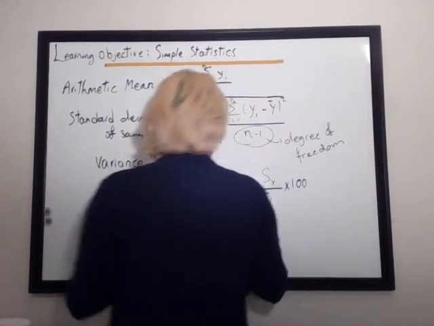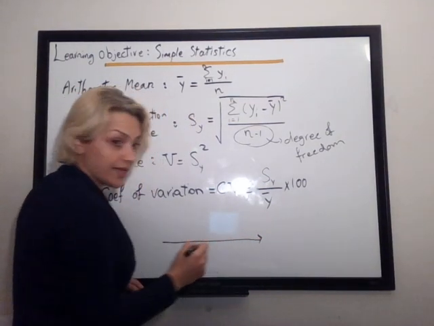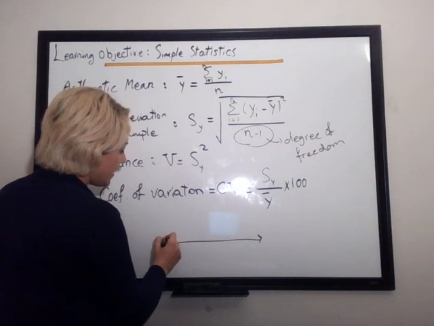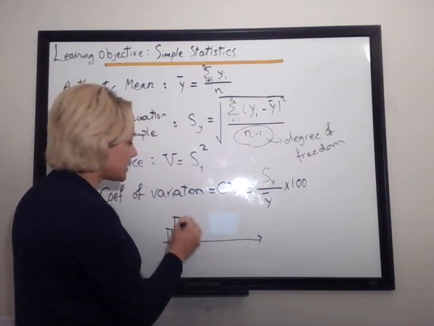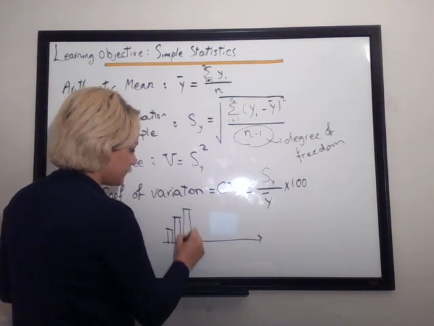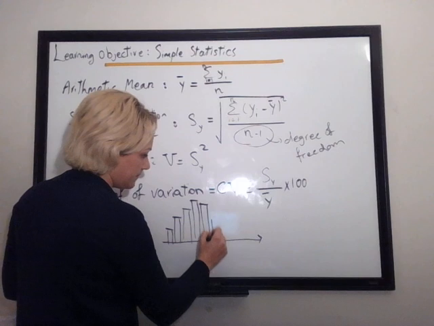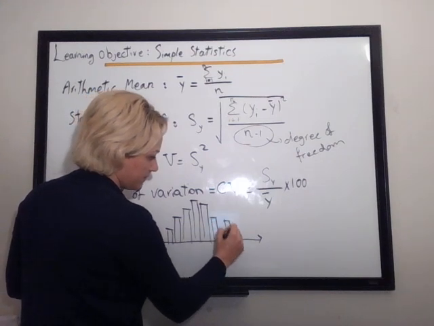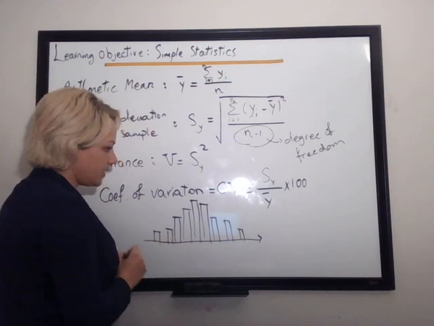So here, I'm going to show it. Let's say I have my data points, right? And then I have the frequencies of the data points for different ranges. Let's say it's like this, and let's say another one here.